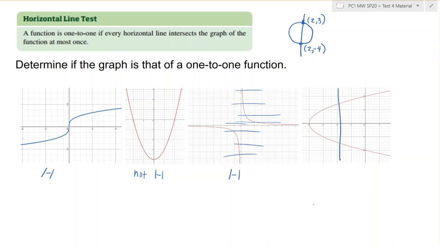So we're going to say that this is not a function, and that's all we really have to say. We could also say that it's not a one-to-one function, but if it's not a function, it's assumed it's not a one-to-one function. It's kind of like saying I cannot be your favorite aunt because I'm not even your aunt.